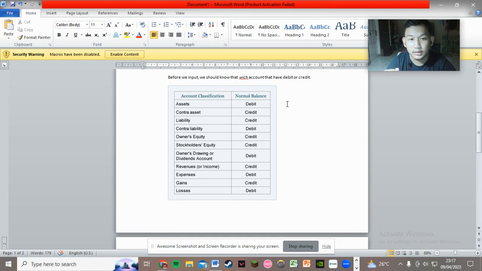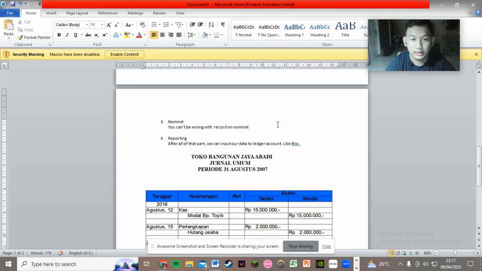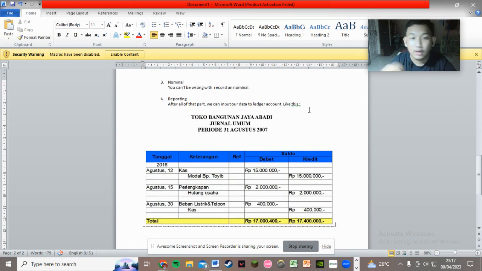If a liability increases, you will report it to the credit. Okay, so let's talk about this nominal like before. Reporting: after this part, we can input our data into the ledger account like this.